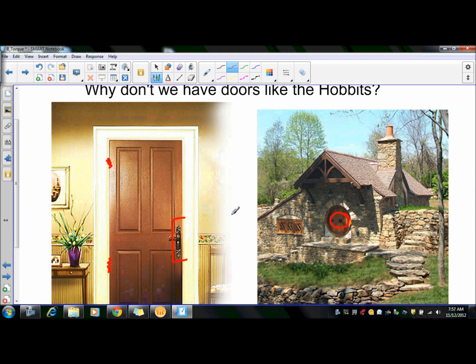So one reason why we don't have doors like this is because they'd be very expensive to make, because all of the mechanisms that are here would have to extend all the way to halfway through the door. The other reason why we don't is because of this whole torque idea. You want the longest distance possible, so you have to apply less force.